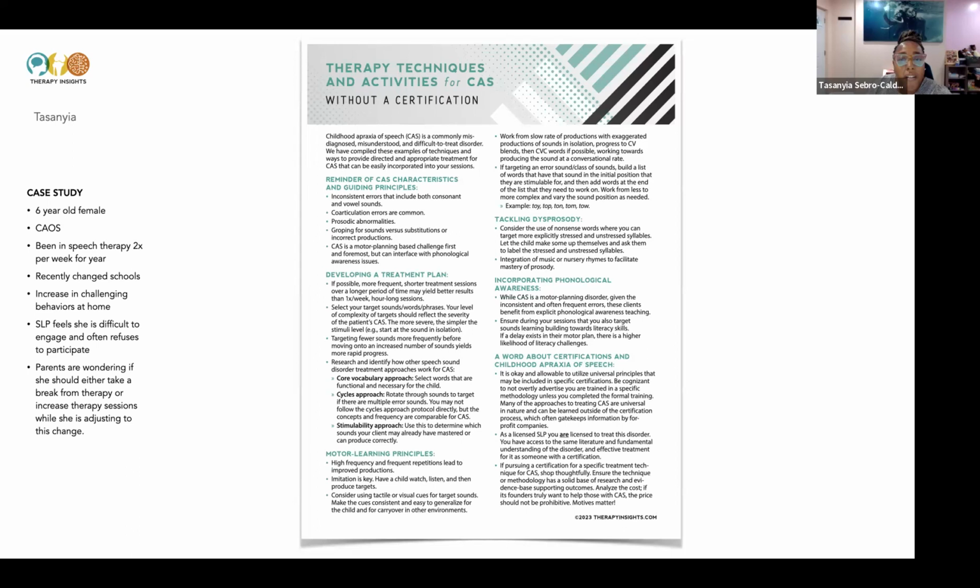or, the reason I chose this, the family could also try to be involved in doing some therapeutic stuff in the home setting. It discusses what CAS characteristics are and some of the guiding principles, how to develop a treatment plan, motivating principles, tackling dysprosody, incorporating phonological awareness, and also a little bit about certifications and childhood apraxia of speech.